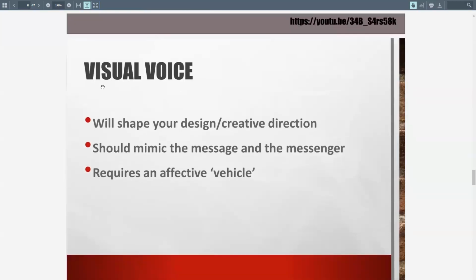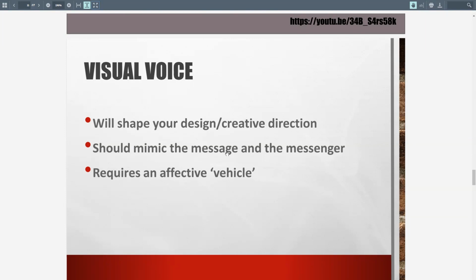So your visual voice will help shape your design and give you a creative direction, okay? Everyone in this room is different. We all prefer different things. You have different thoughts and feelings. And whether or not you know that subconsciously, or maybe a little bit consciously too, that will impact your designs, your creative process. Your visual voice should mimic the message. So whatever you decide your message to be for each project, it should mimic that.